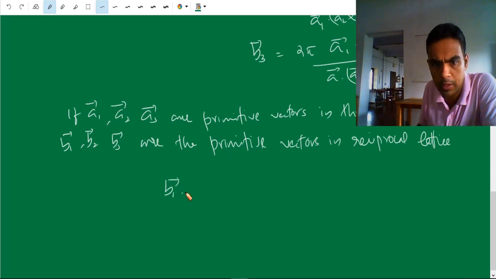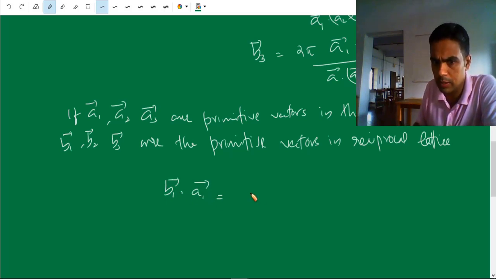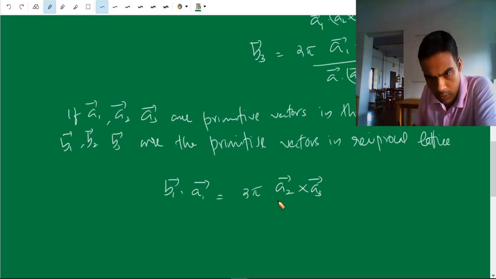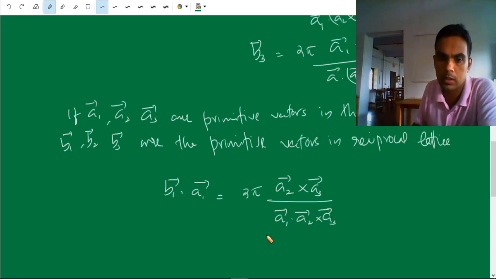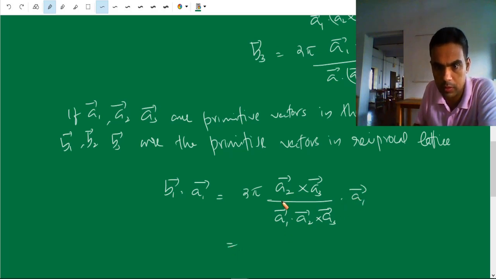B1 dot A1? B1 is equal to 2 pi A2 cross A3 divided by A1 dot A2 cross A3, dot A1 vector. So this is A2 cross A3 dot A1.